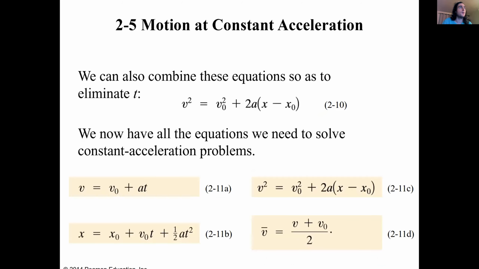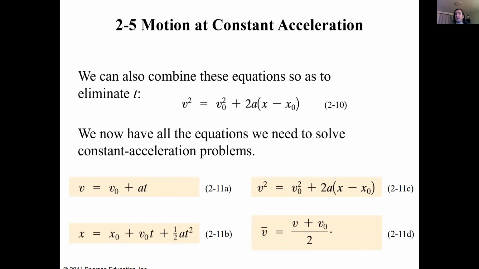Okay, let's keep going here. Here's another useful formula that we don't really want to derive just yet. We'll save this one for later, when we get to energy, where we can derive it a little more easily. It says that your final velocity squared is equal to your initial velocity squared plus a factor that has to do with your acceleration and your displacement.